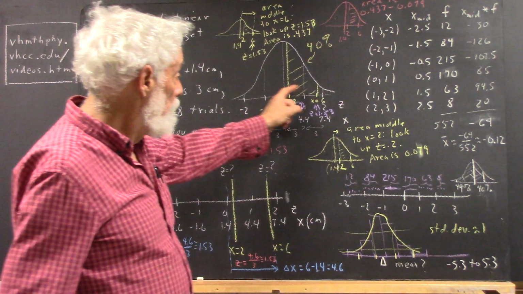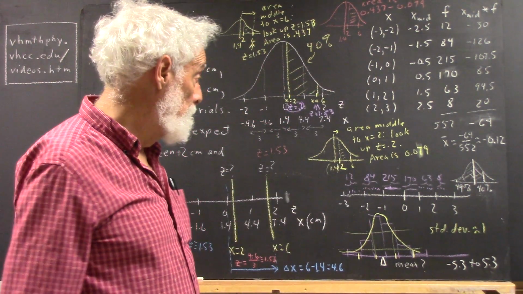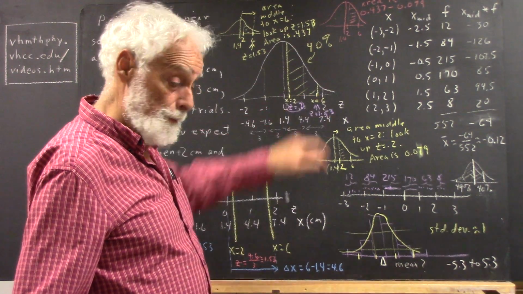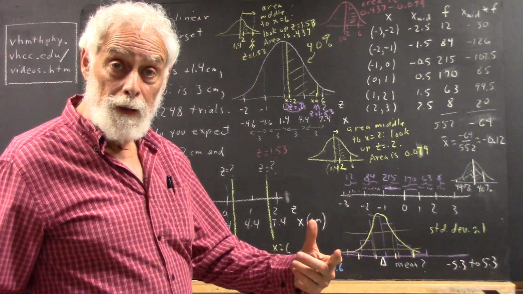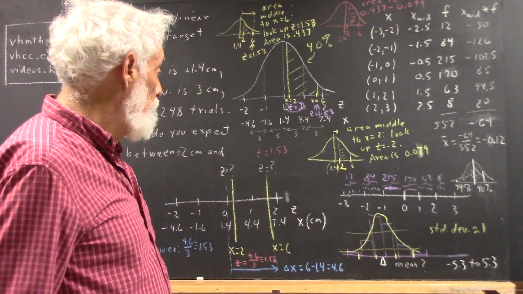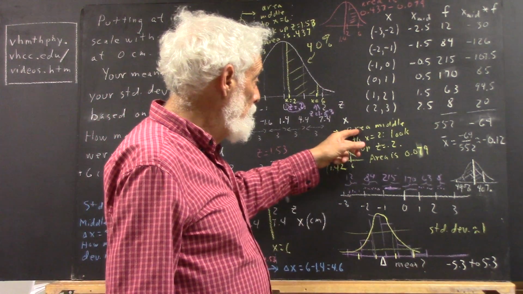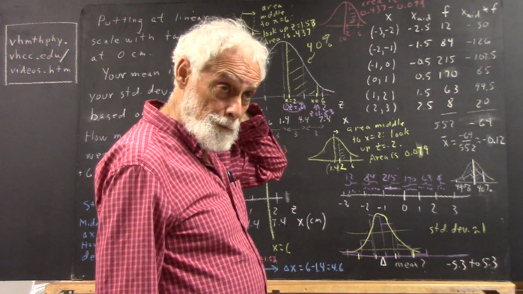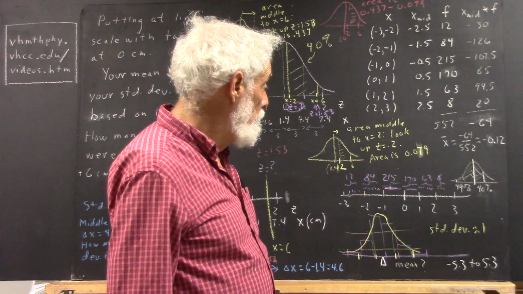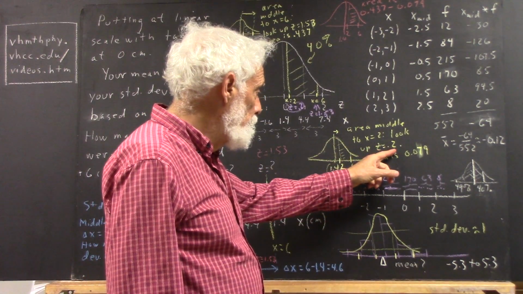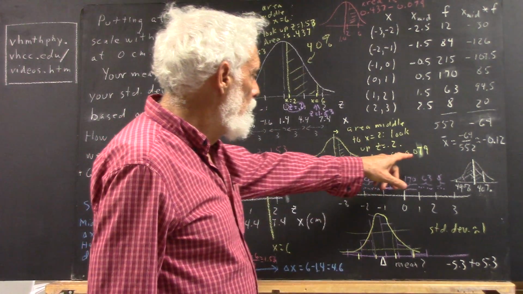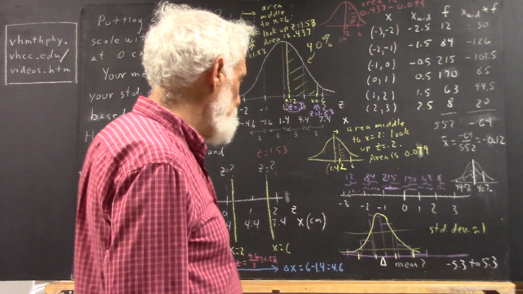We want to find this area, okay? So how do we use the z-table to find this area? Z-table gives us the area between the middle and our z value, okay? So the area from the middle to x equals 2 is what? Well, if we look up z equals 0.2, we see that the area from the middle to x equals 2 is 0.079.